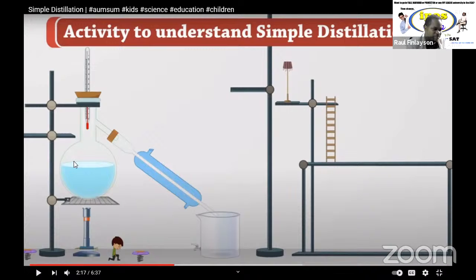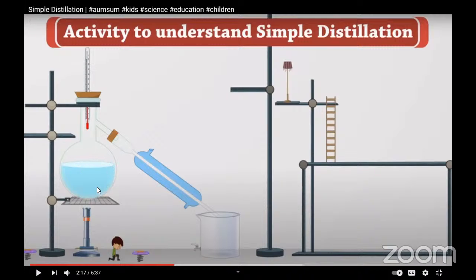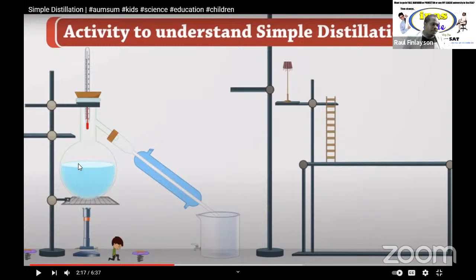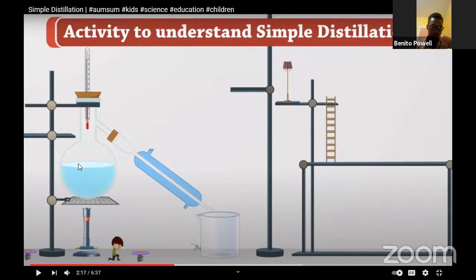But that's not the right name for it. What adjective would you use to describe the shape of it? A round base. So it's called a round bottom flask.